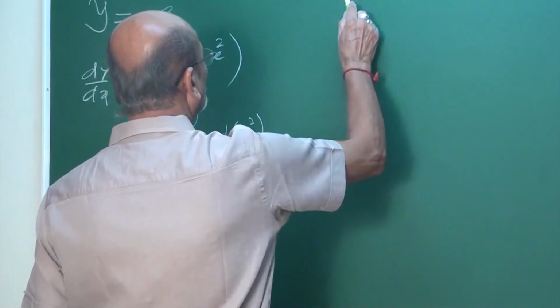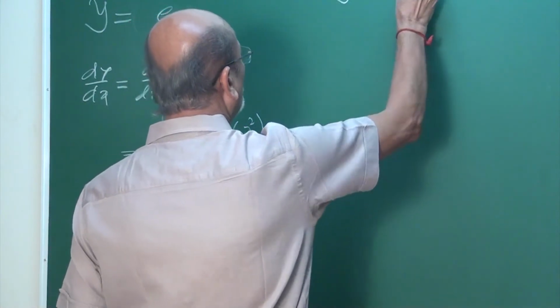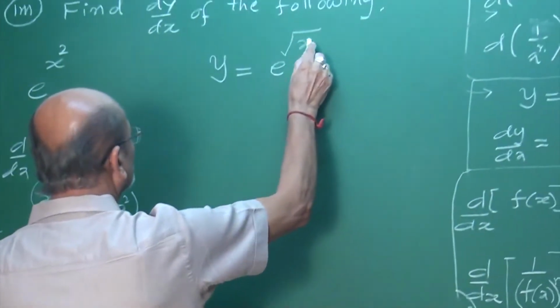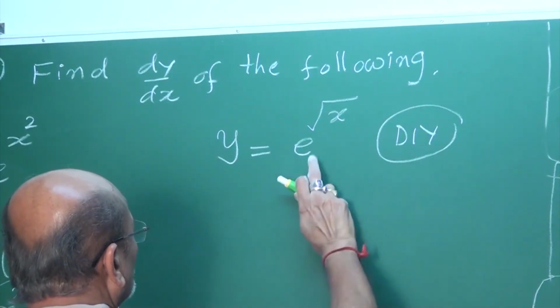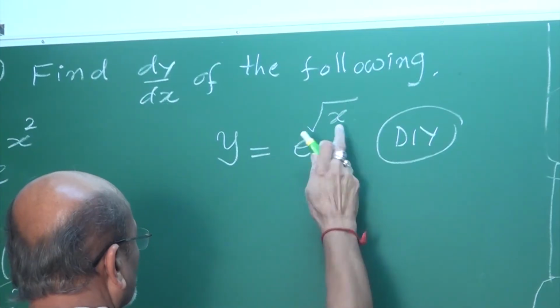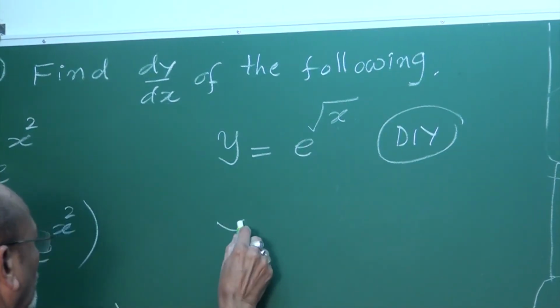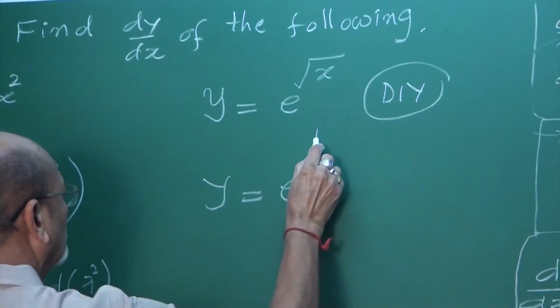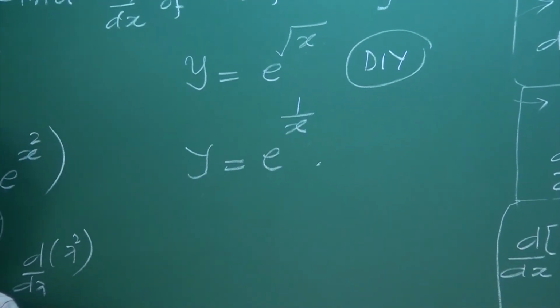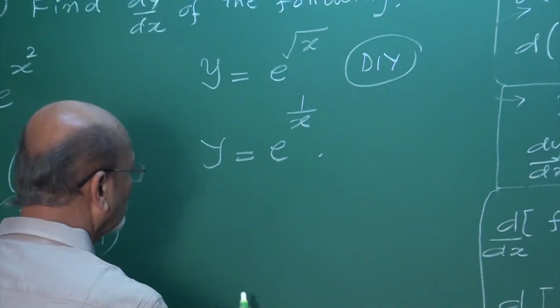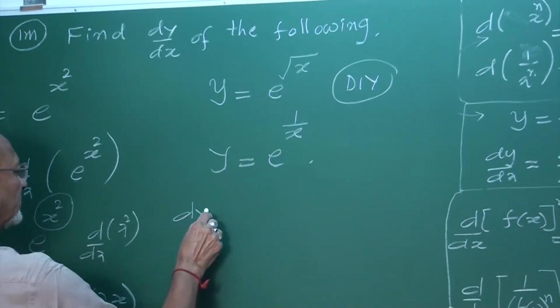Next, y equal to e to the power root x. I hope you can do it. What is it? e to the power root x into derivative of root x. Just you are writing it. y equal to e to the power 1 by x. All these are 1 mark questions, my friends. Tell, dy by dx.